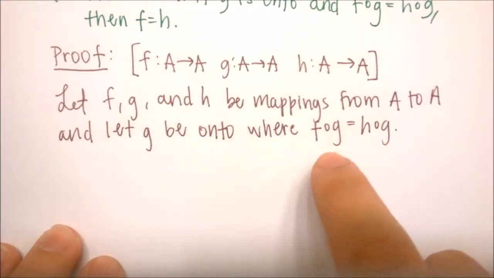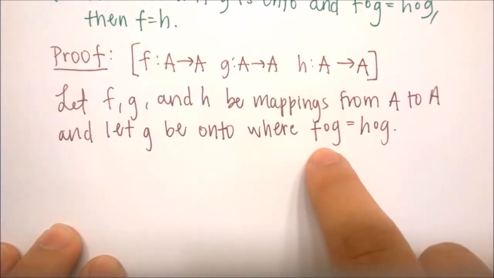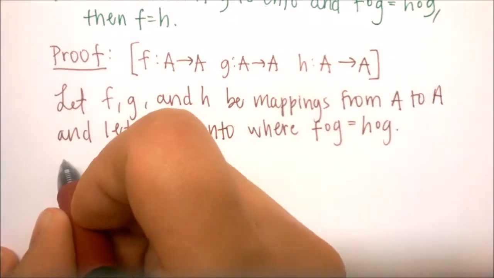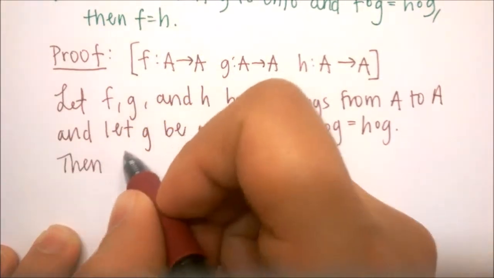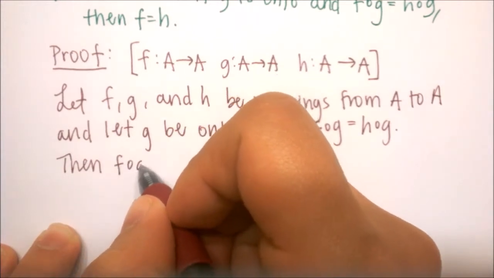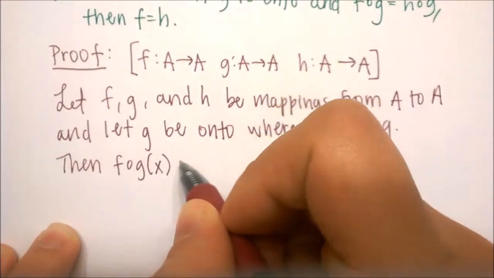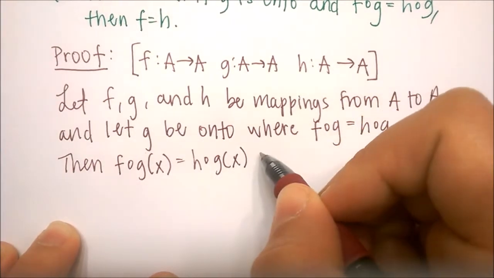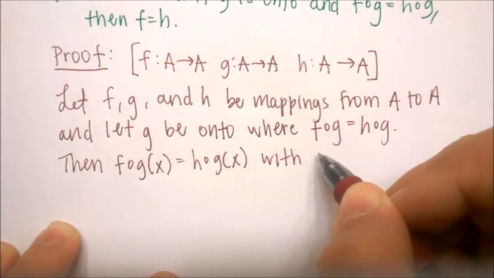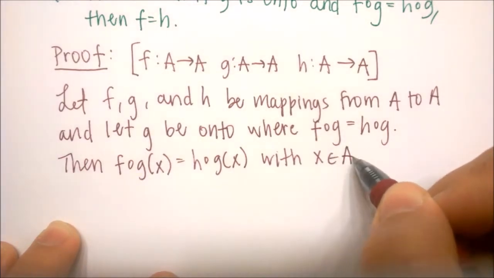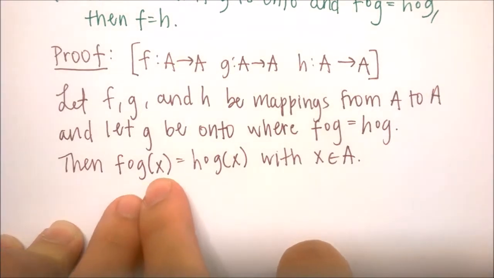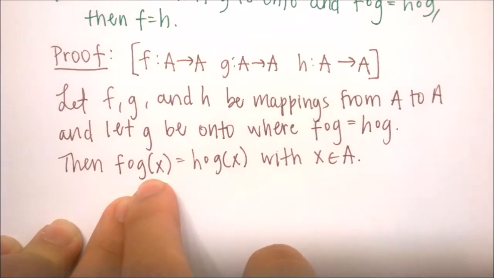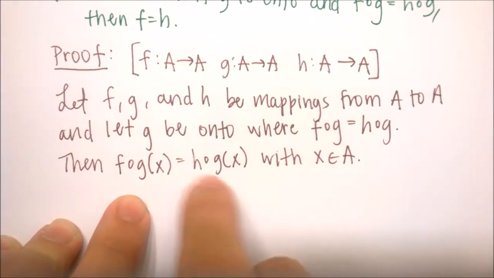Now we want to write this in a form that we can use better. So we're going to write then F composed with G of X equals H composed with G of X, with X an element of A. We can write G of X here and say X is an element of A because G takes elements of A and maps it into itself.